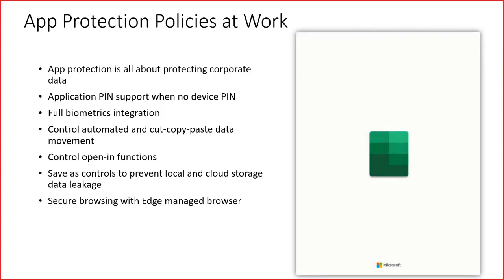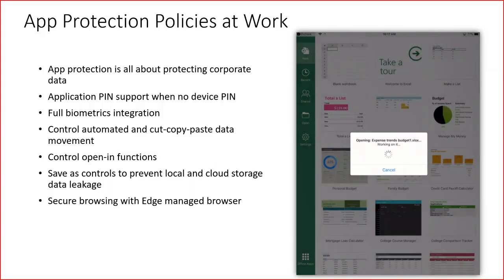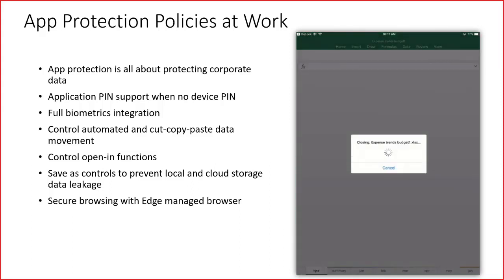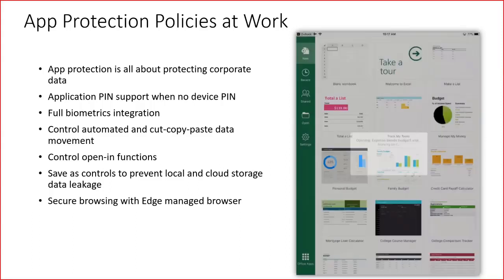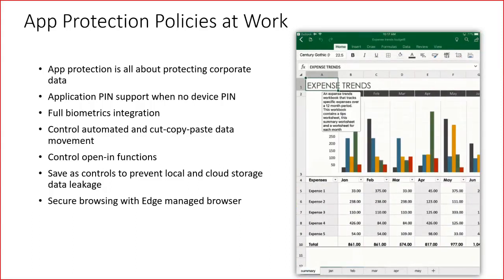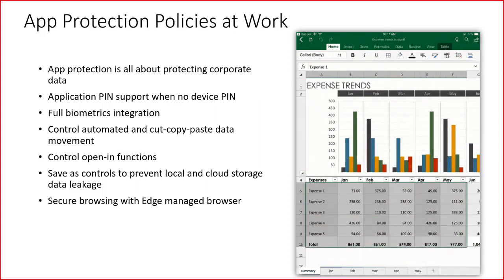But you're going to notice here I'm opening an Excel document, and I'm going to go and actually try to cut and copy some data out of it. So it's all well and good to enforce extra authentication restrictions on top of these apps, but I want to make sure the data doesn't move to a place where I can then not manage it or remove it in the event that I need to. So we'll take some data out of this spreadsheet.